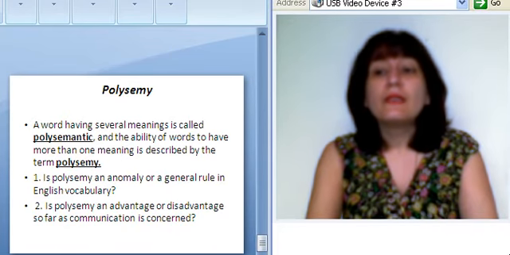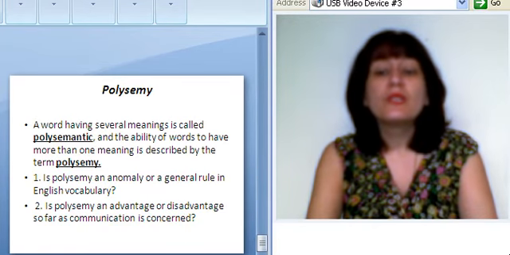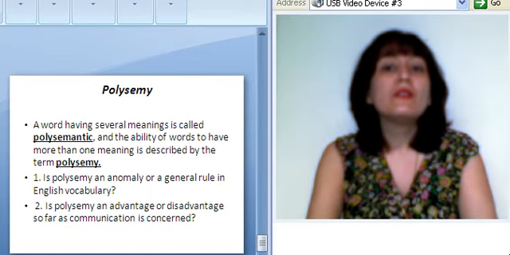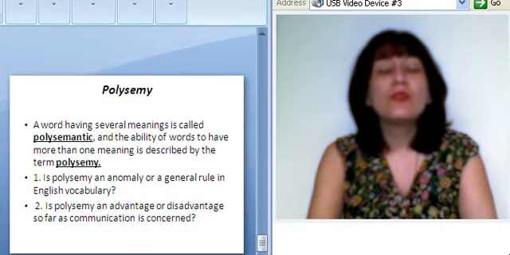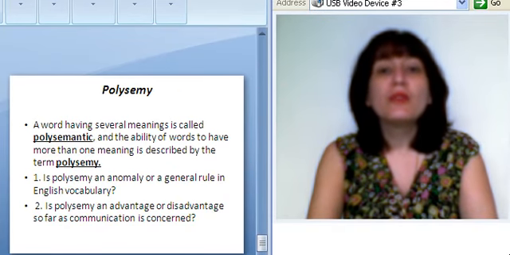It is generally known that most words convey several concepts and thus possess a corresponding number of meanings. For example, the word smart has many meanings: looking clean and neat, intelligent, fashionable, quick, etc. So a word having several meanings is called polysemantic, and the ability of words to have more than one meaning is described by the term polysemy.